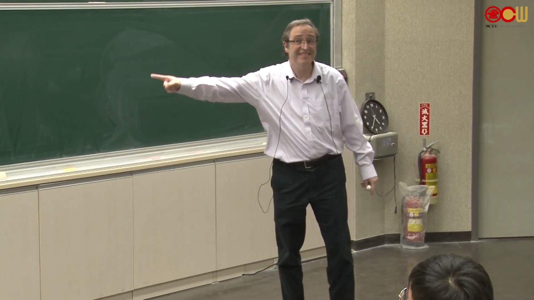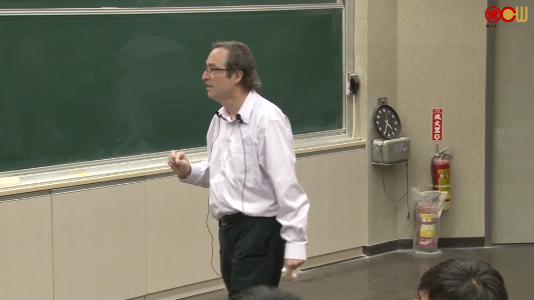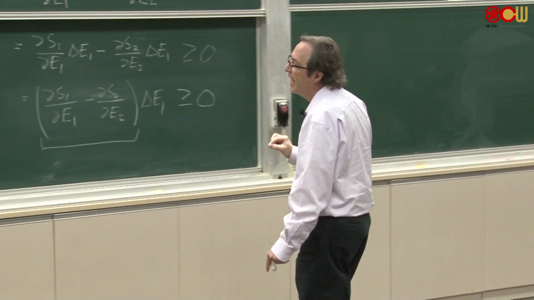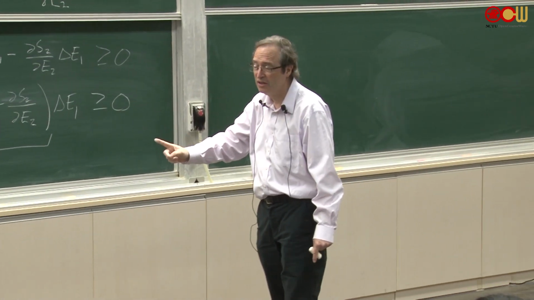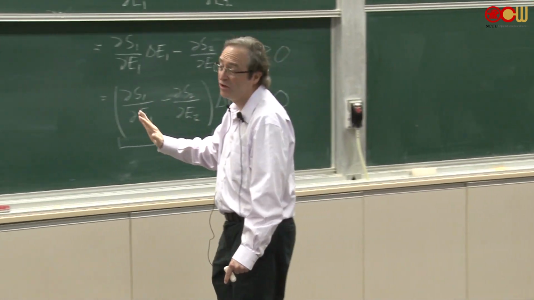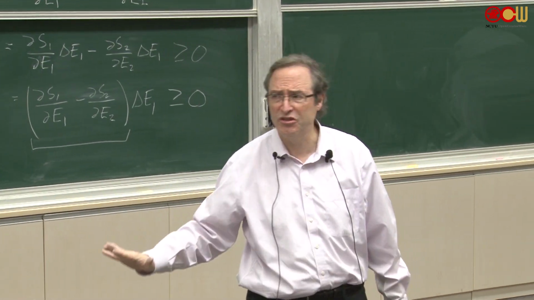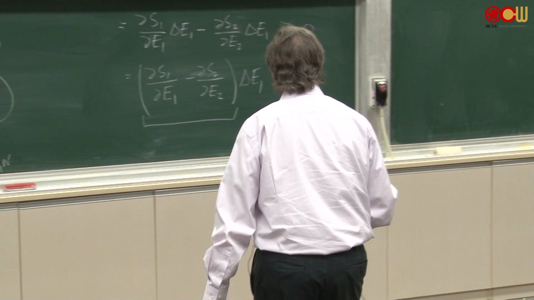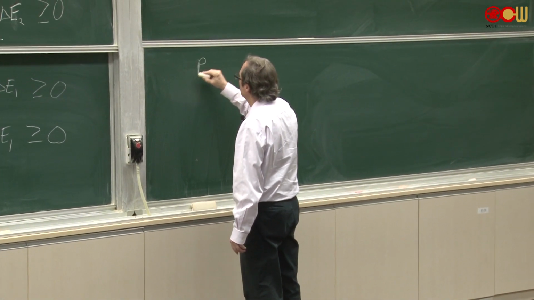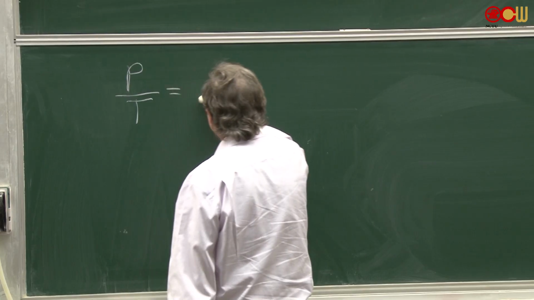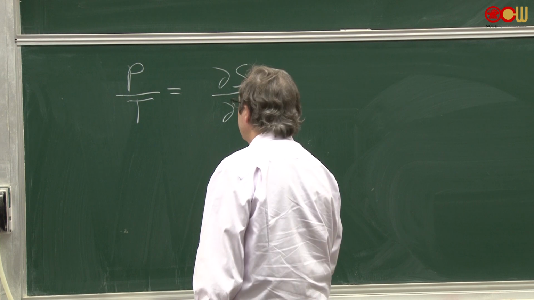Okay, that's fantastic. We now have a real definition of temperature. Now, I could do the same thing for pressure, and also even for number of particles. I'll just write down the answer. We're not going to use this in any way, but I'll write it down for you. Namely, the pressure over the temperature turns out to be dS dV.